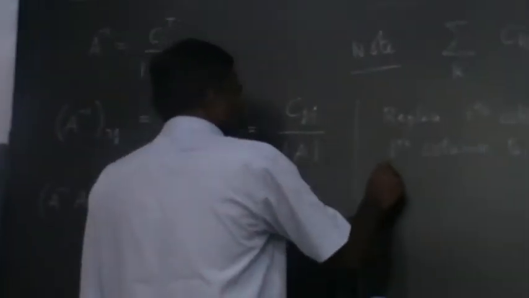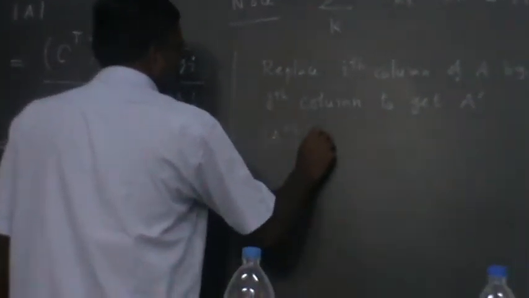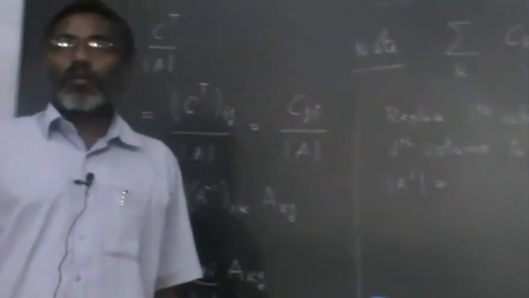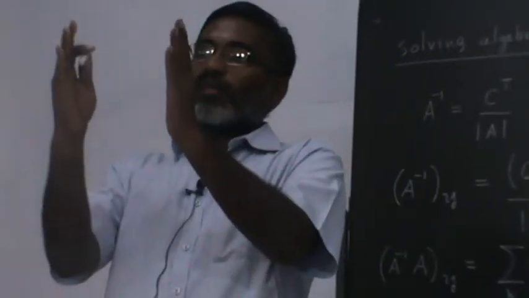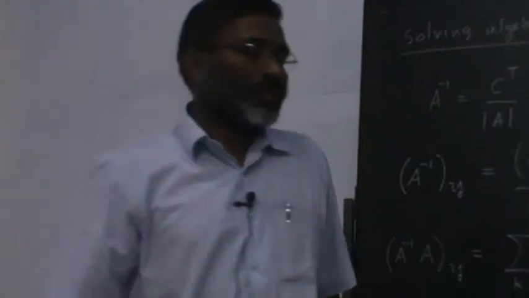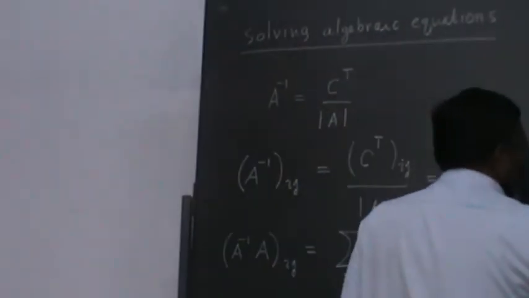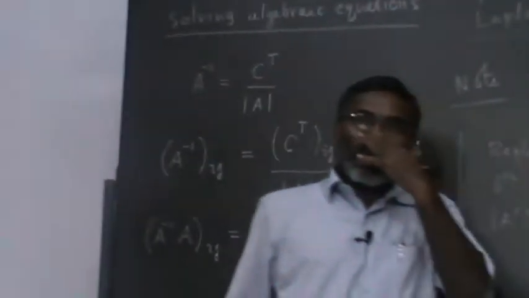What will you say about the determinant of A prime? 0, because if any two columns are the same or any two rows are the same, the determinant is 0. So determinant of A prime is 0. But if I take that particular column, what will happen to the cofactors? Will the cofactors of that column change whether I have the ith column or the jth column?